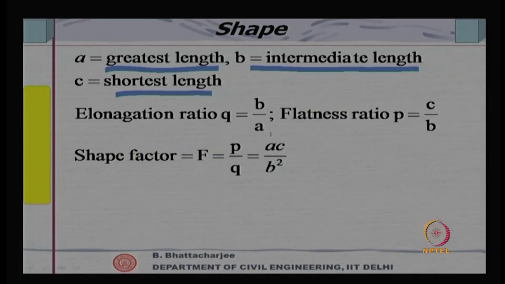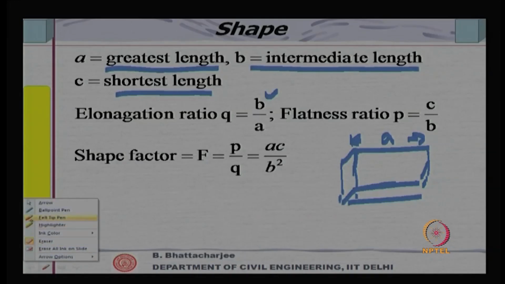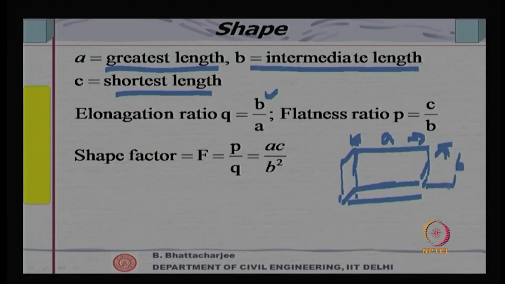So, we define elongation ratio Q as B by A. So, this is my A, B is the intermediate, could be even slightly bigger than this, B is something like this, and C is the thickness, C is this.